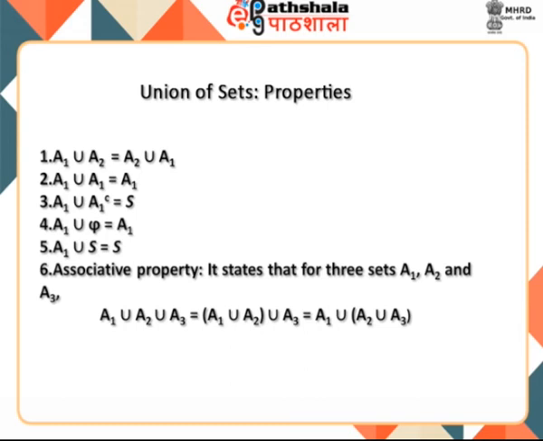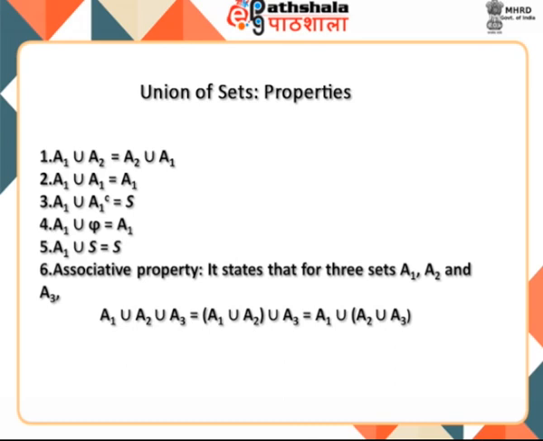1. A1 union A2 is equal to A2 union A1. 2. A1 union A1 is equal to A1. 3. A1 union A1 complement is equal to S. 4. A1 union phi is equal to A1. 5.